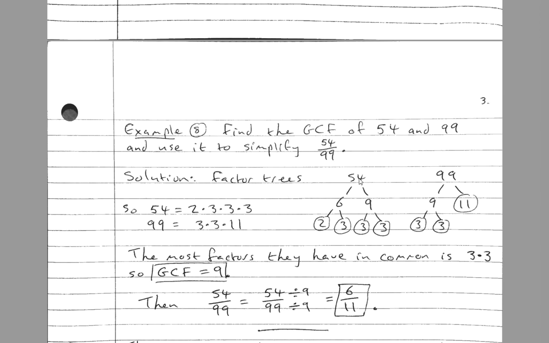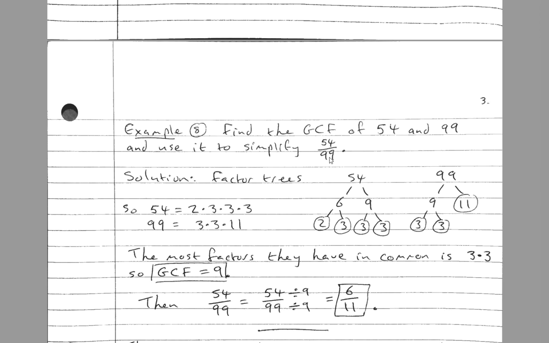So 54. It's composite. It's 6 times 9, and then 6 is 2 times 3. 9 is 3 times 3. All right, so we've got it down to the prime level. So the prime factorization of 54 is 2 times 3 times 3 times 3.